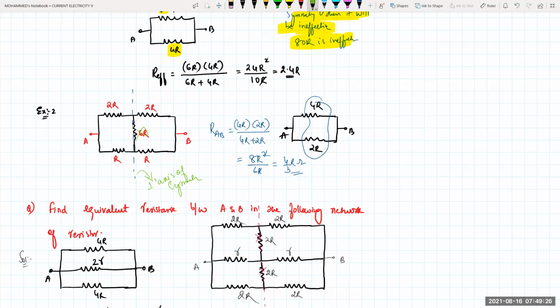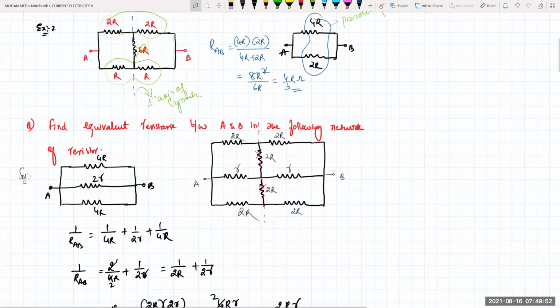This 2R and 2R will be in series, and this 2R and this R and this R will be in series. That means 4R and 2R. This 2R is in which combination? Parallel combination. So 4R into 2R divided by 4R plus 2R. How much am I getting? 4 by 3R. Is that clear? Yes, sir. Next question.